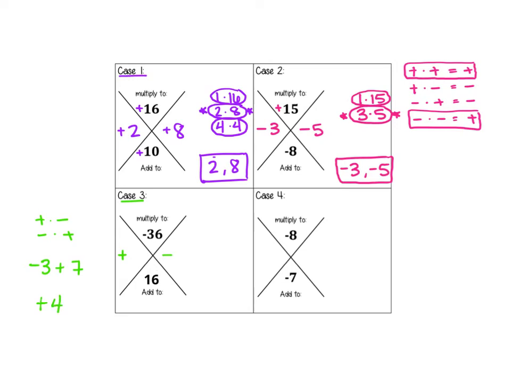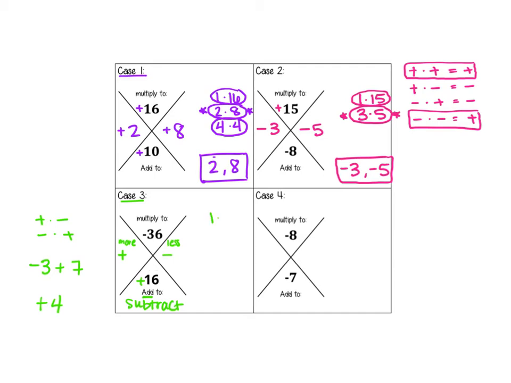So if I know the answer is positive, the one there's more of has to be positive. And the other one there must be less of. So I need more positives and less negatives. And because even though we're adding, when I add a positive and a negative, I really subtract the 2 numbers. So when I make my list, I'm looking for 2 numbers that have a difference, or that are apart by 16.